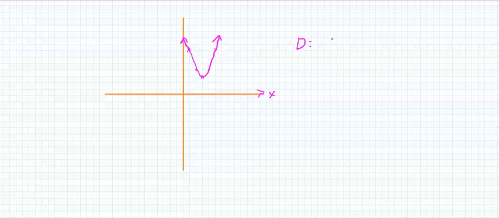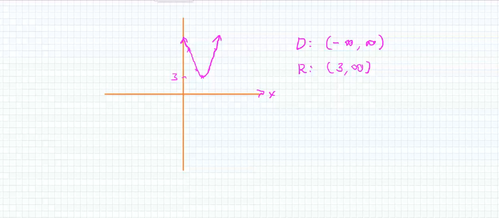The domain is all real numbers, so from negative infinity to positive infinity. The range starts here at 3, so it goes from 3 to infinity. All right? Very simple. It's the values that are used.